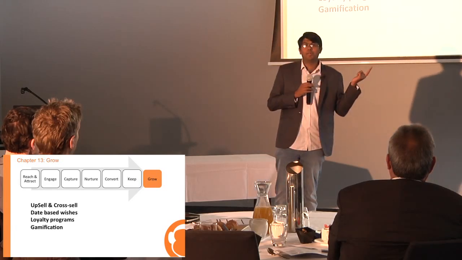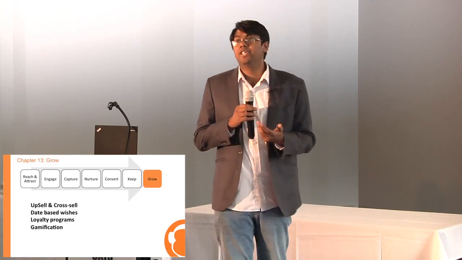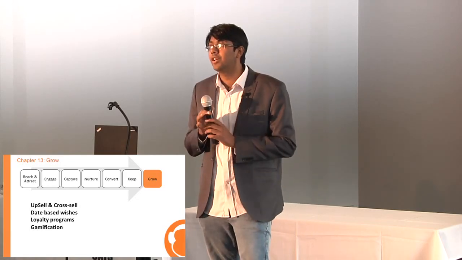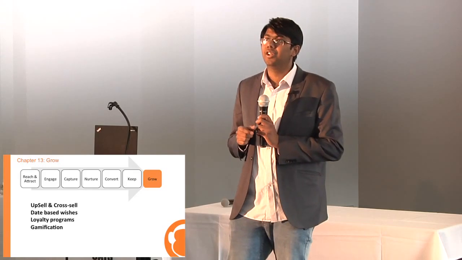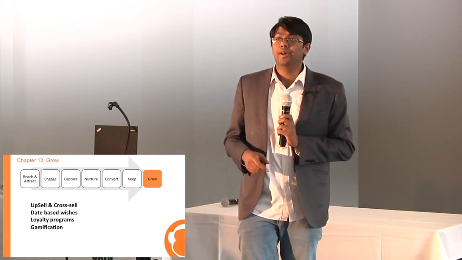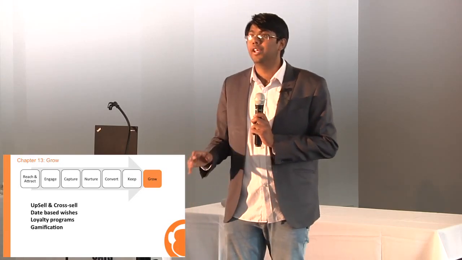Again, because you know a lot of details about them, it's really important to send them date-based wishes. These date-based wishes don't need to be generic. Your tools have the ability to capture their names and their companies and send emails specifically for their organizations.